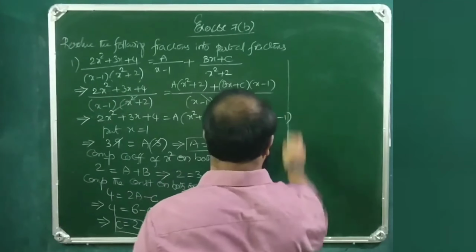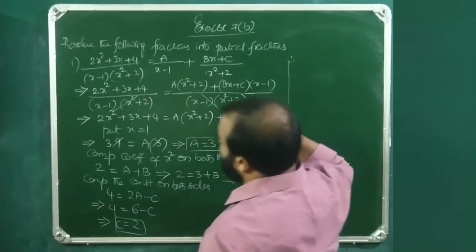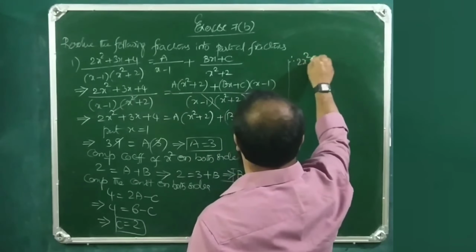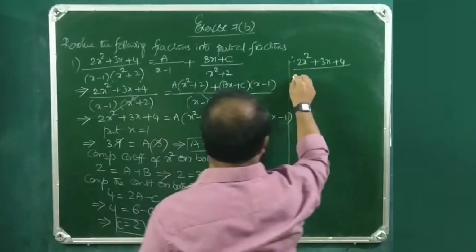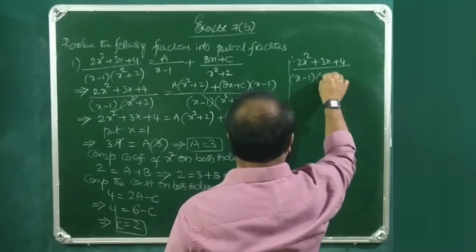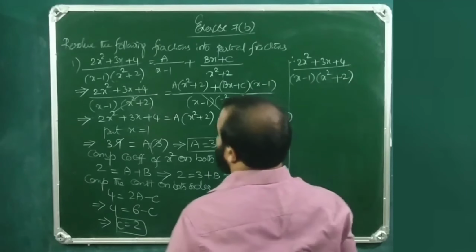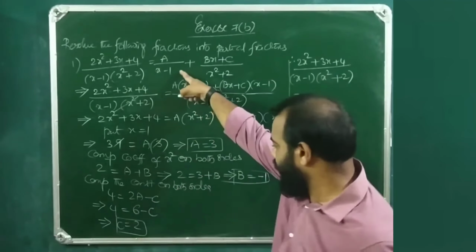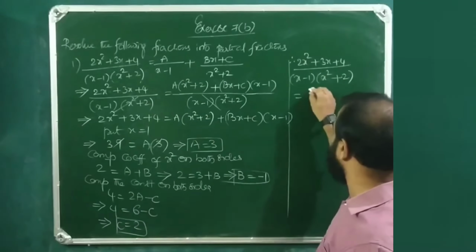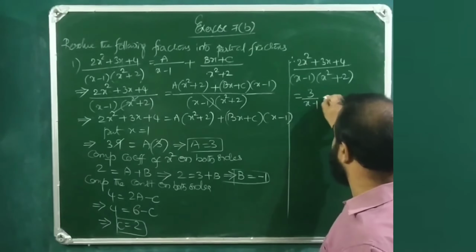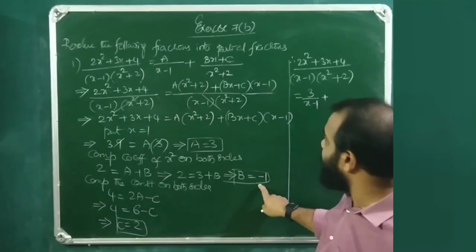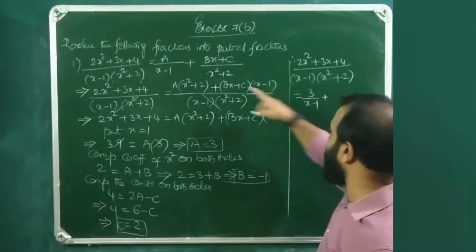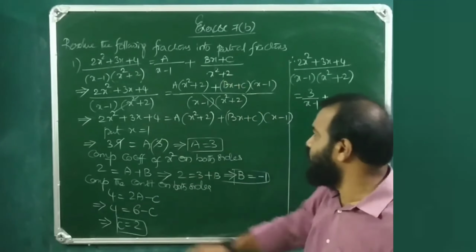Therefore, the given one, 2x square plus 3x plus 4 by x minus 1 into x square plus 2, is equal to the value of A is 3 by x minus 1 plus the value of b is minus 1 into x, so minus x, c value is 2.